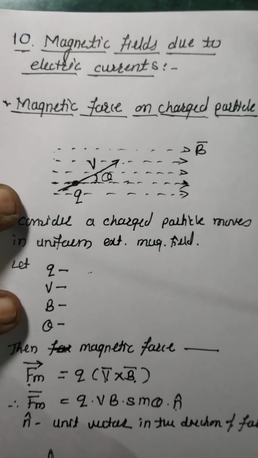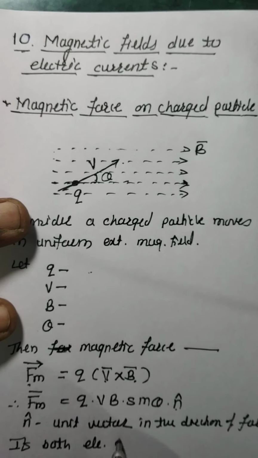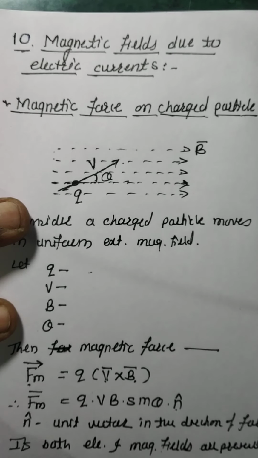In presence of both electric and magnetic fields, the force acting on a charged particle is the force due to the electric field plus the force due to the magnetic field.